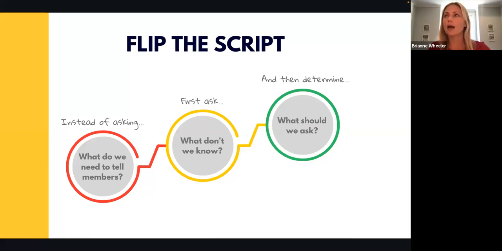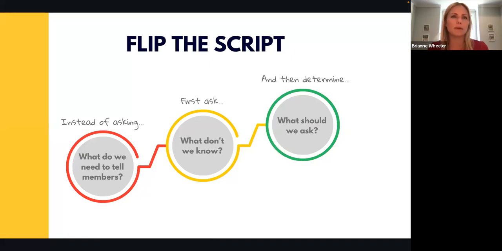For example, if you're trying to find out what trends in the industry your membership really cares about right now, and you're going to build a webinar program on it, then instead of just building the program and saying, here, we have this, we hope, like, cross fingers, we hope that it sticks, we hope that you come, let's ask, okay, of these topics, what would be of most interest to you?